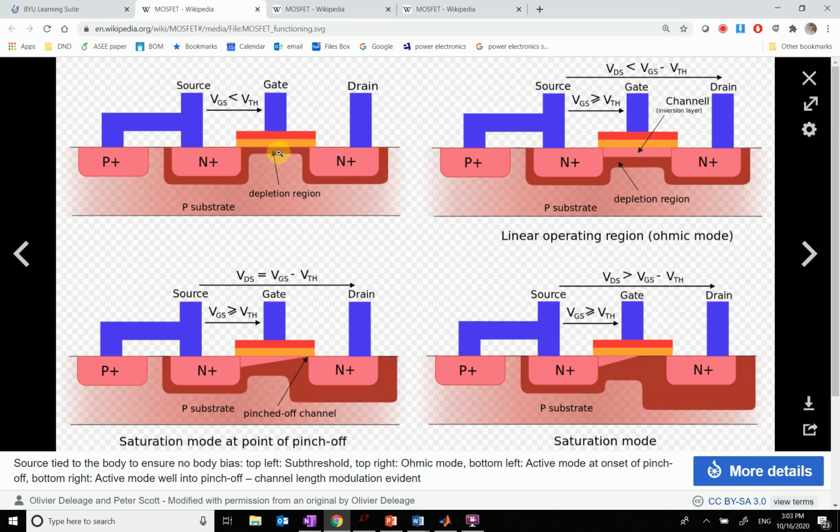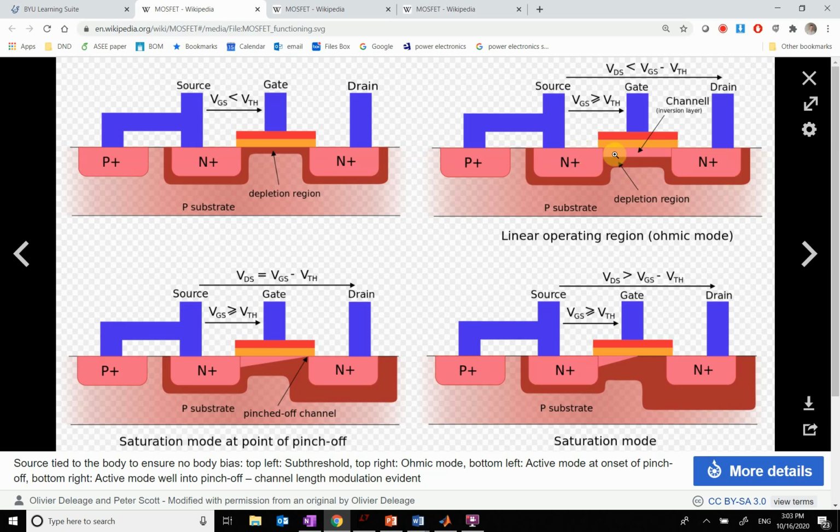So what this ends up doing is, if I move over to this figure here, when I put a voltage across here, it's pulling these excess carriers up into this region right here. So what it basically does is create a channel. Now I create a channel that lets current flow through here.